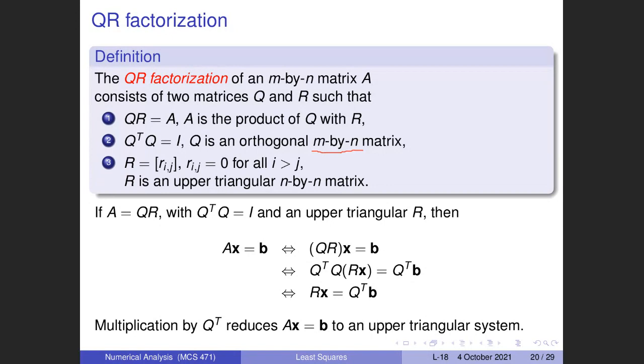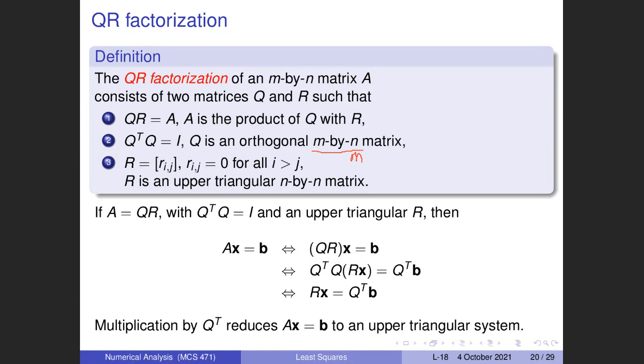So the N is fine if we think about the modified Gram-Schmidt, the more geometric interpretation that we have an orthogonal basis for the columns of A. If we see this as a transformation matrix, then Q is an M by M matrix. So this might be a confusing definition already now.